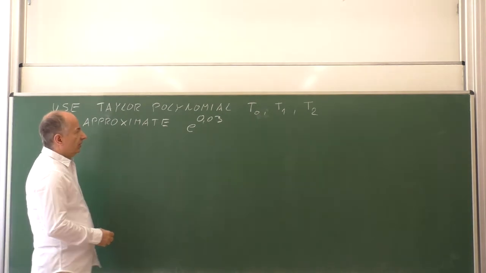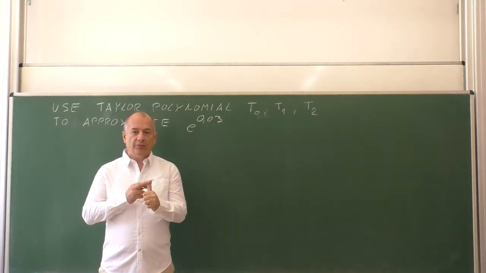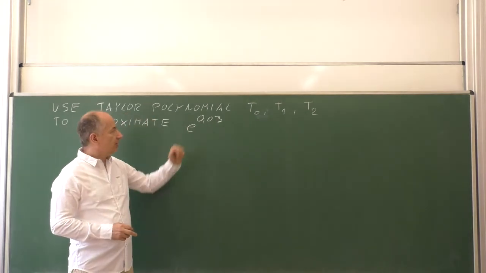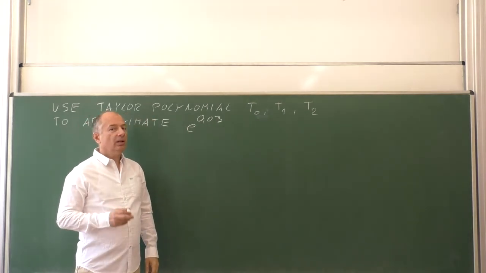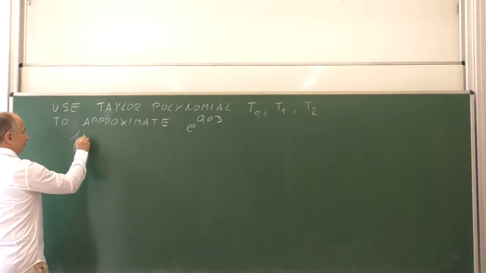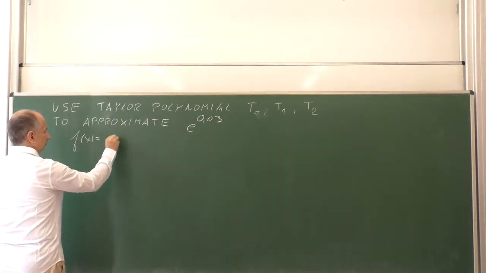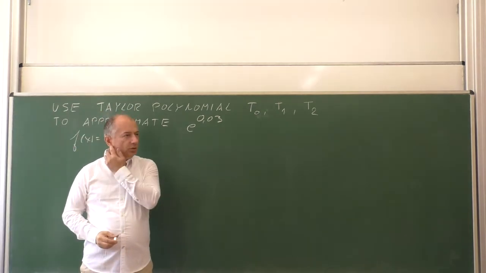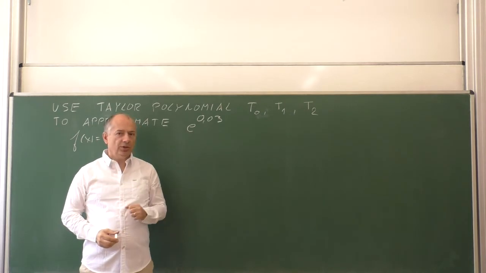So the first thing is we must choose a good function and a good point. A good function for this approximation is the exponential function. And a good point should satisfy two conditions.